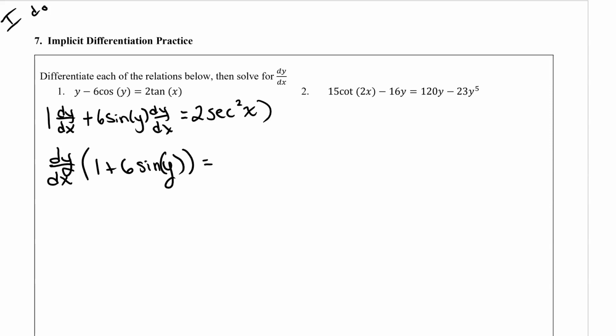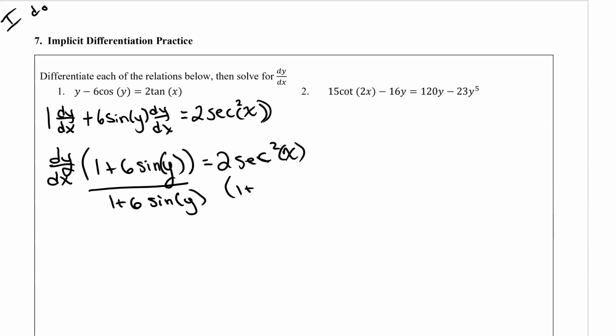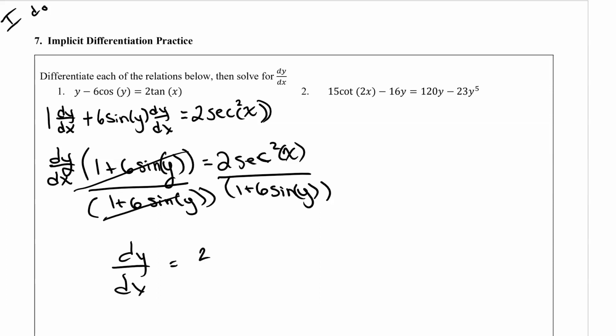And since we want dy dx by itself, we're going to divide both sides by 1 plus 6 sine y. Right, this cancels, and we've got dy dx equals 2 secant squared x over 1 plus 6 sine y, and we call it a day.